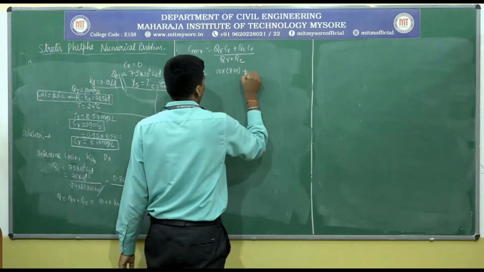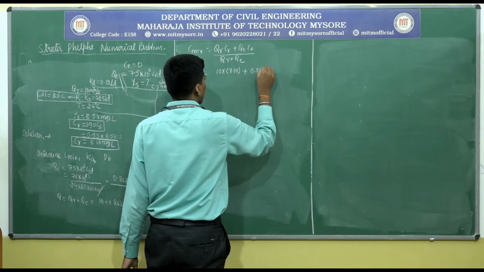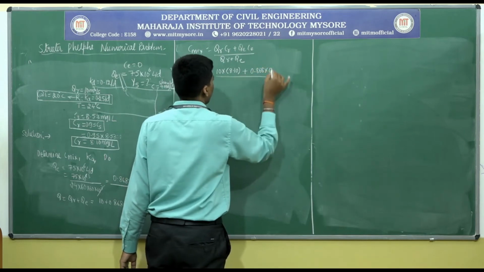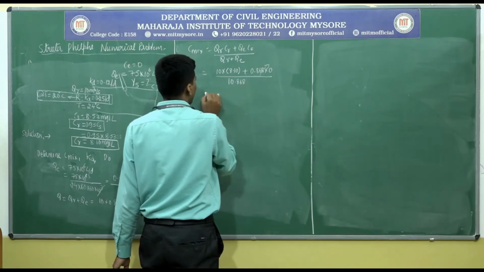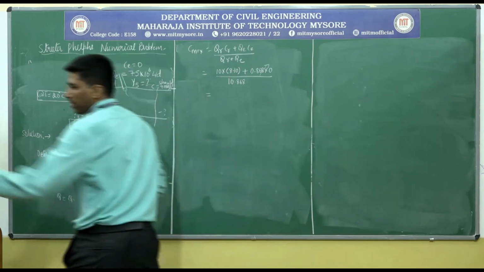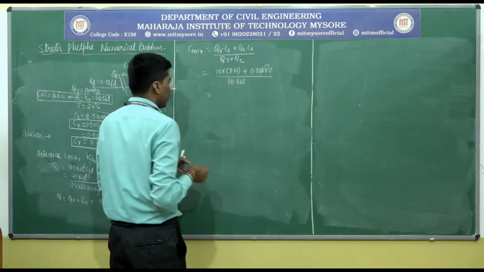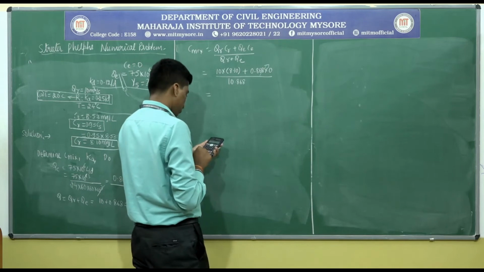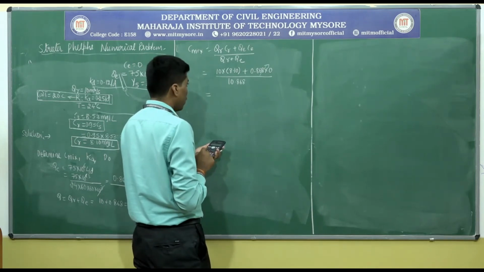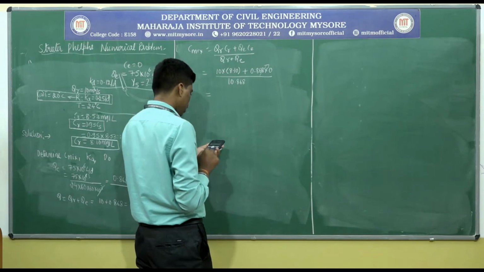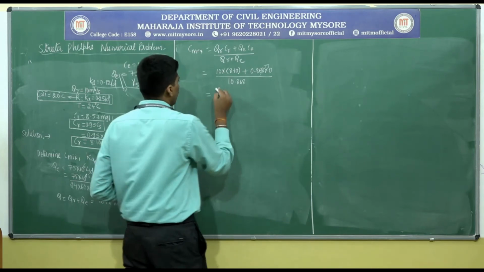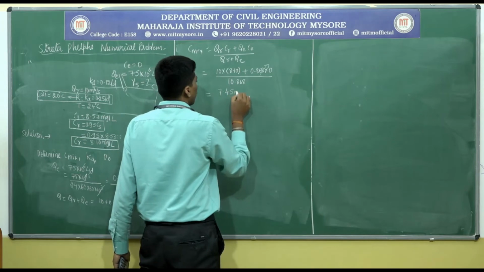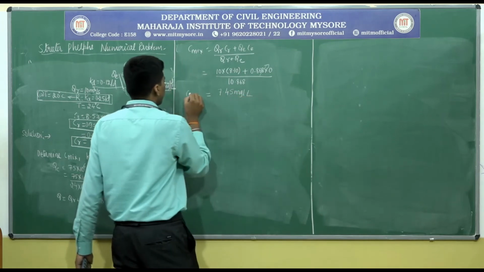QE is 0.868, CE value is 0, therefore this whole term becomes 0. So, 10 into 8.1, that is 81, divided by 10.868, you are going to get 7.45 mg per liter. That will be the DO mix concentration.